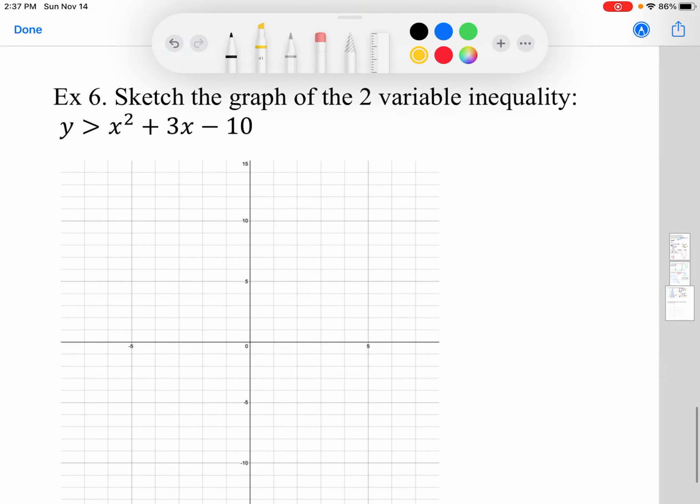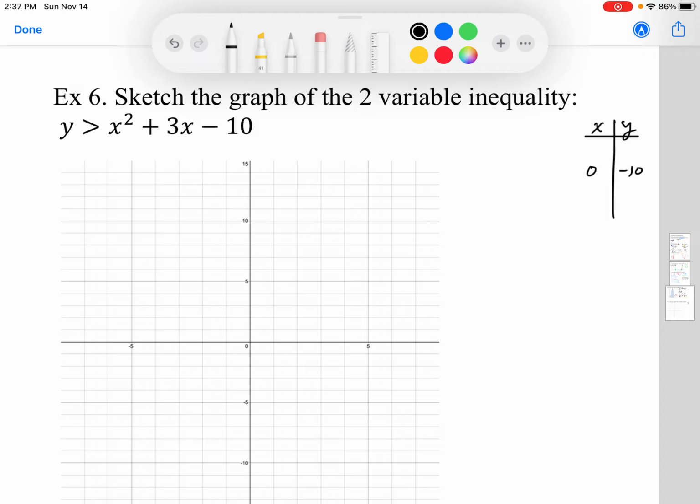So again, in this question, although it's a two-variable inequality that we want to graph, we basically need to graph a parabola. I'm first going to focus on how to graph this parabola. Based on this equation, I do have a y-intercept of negative 10, but really I want either zeros to get symmetrical points, or the vertex.